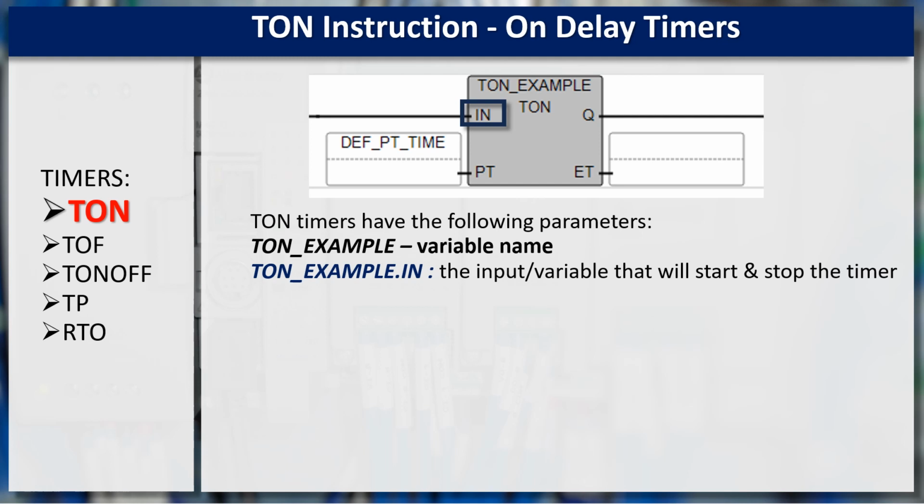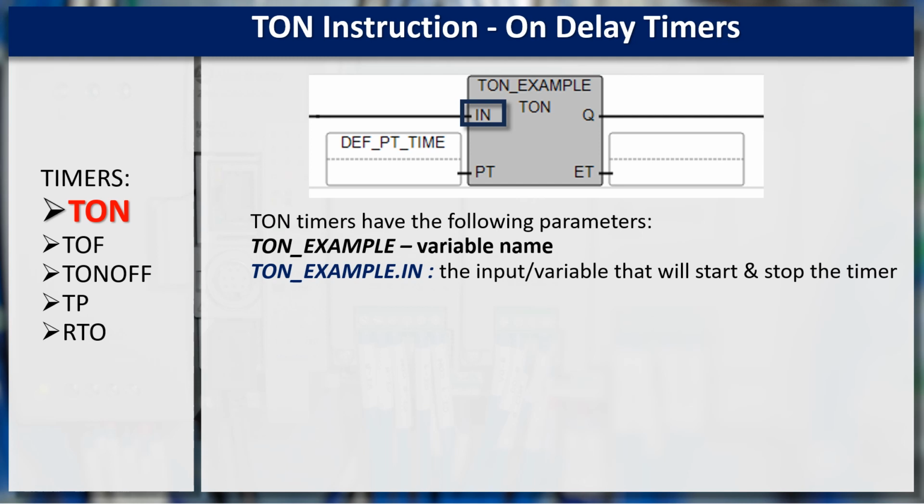So in this example, the .IN is looking for something to be true. When it turns on, that's what's going to start the timer to count. As long as that IN is on, it's going to count. If the IN is reset, turned off in the meantime before the count is finished, the timer shuts down and starts again.